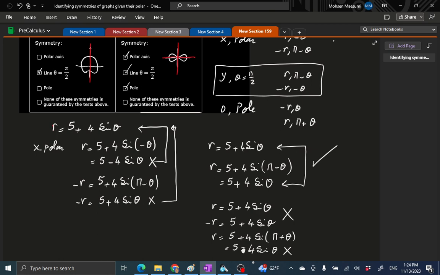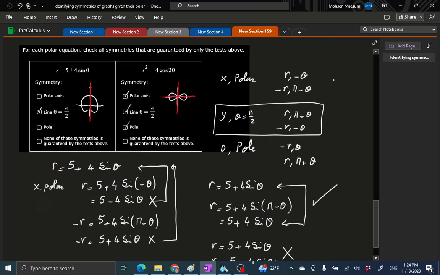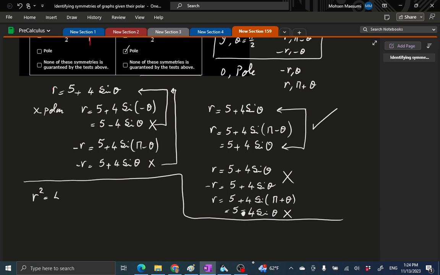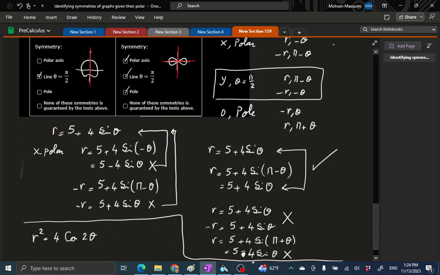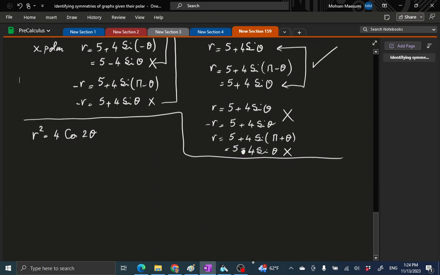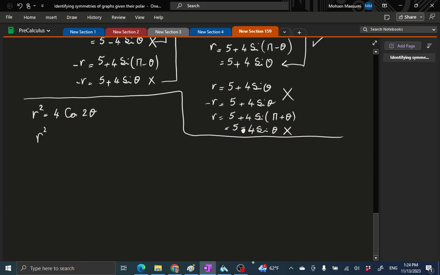How about the lemniscate? The lemniscate has symmetry with respect to the x-axis, y-axis, and the origin all around. Let's see. r squared is equal to 4 cosine of 2 theta. Let's do test number 1, changing theta to minus theta.